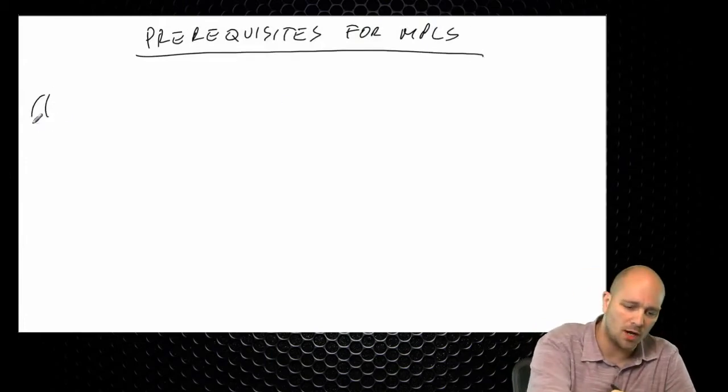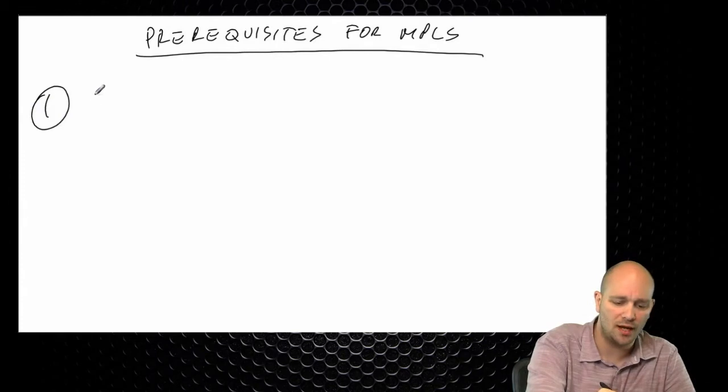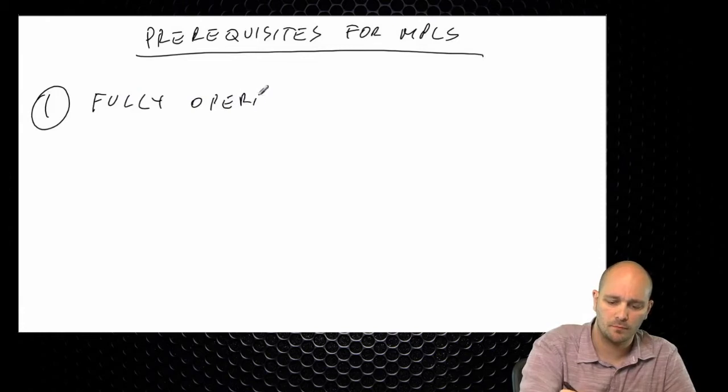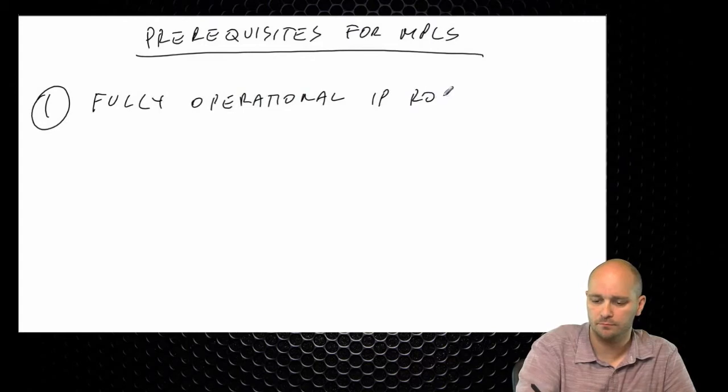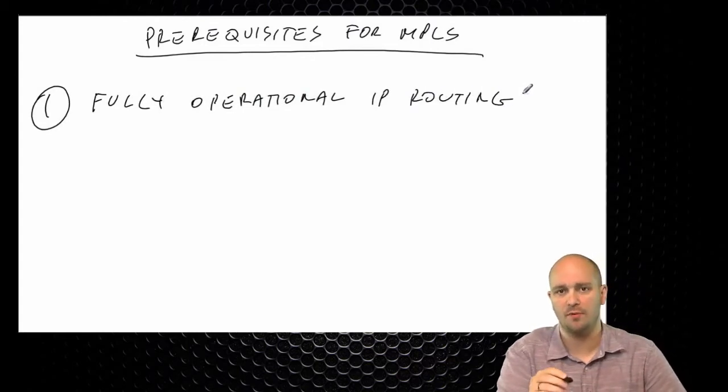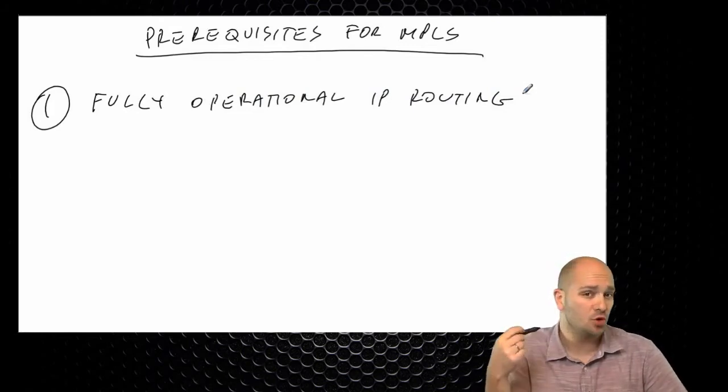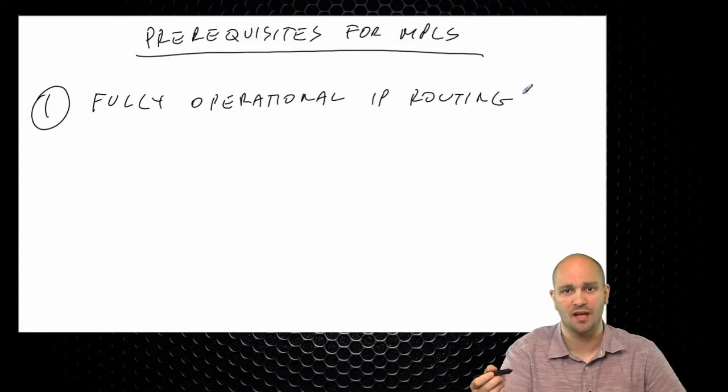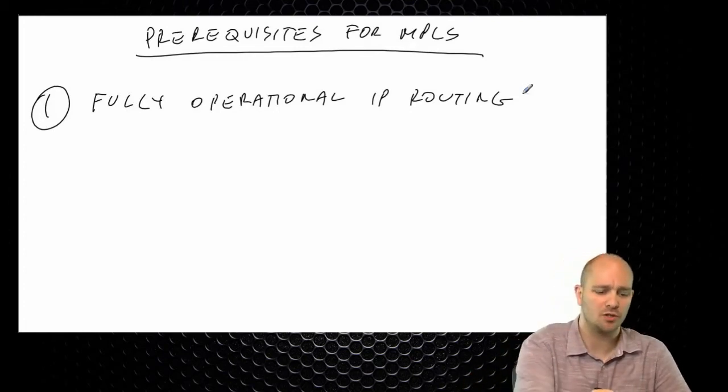Number one is that you have fully converged, or fully operational, IP routing. If you have fully operational IP routing, you are in a position to start building the MPLS network. If you don't have fully converged IP routing, don't even attempt to build your MPLS because you won't be able to do that.